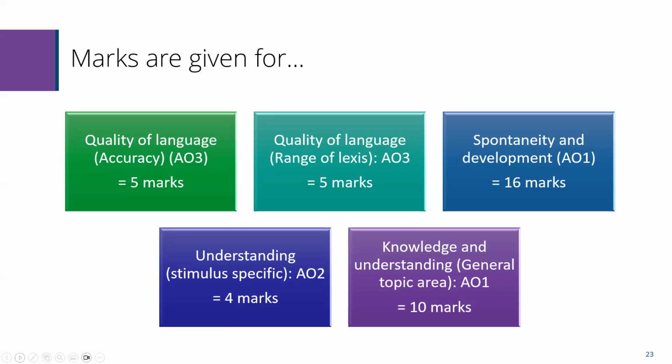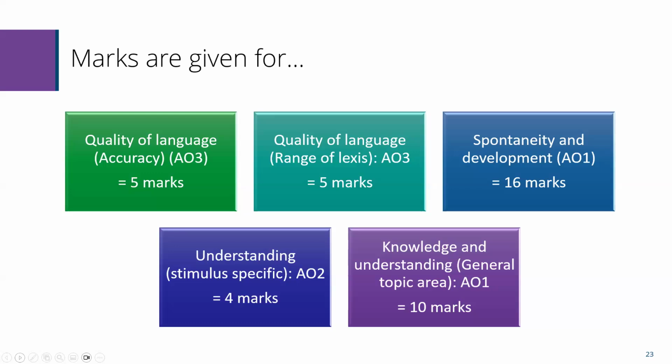That's a lot. Then understanding, so stimulus specific. In that AO2, we're looking to make sure that in all of their answers to those 4 questions, we've got something that references the card. The first 2 questions really almost ask the candidate to summarize in their own words the things that are on the card.